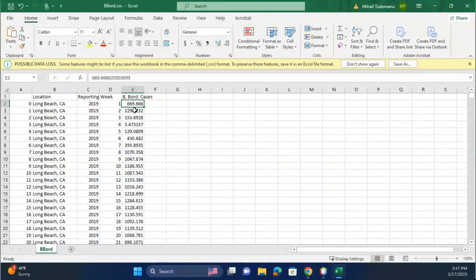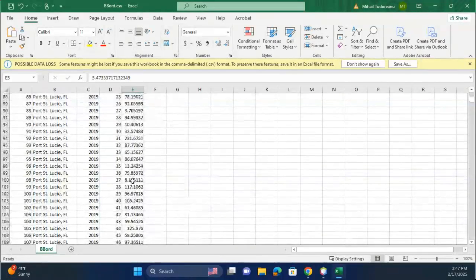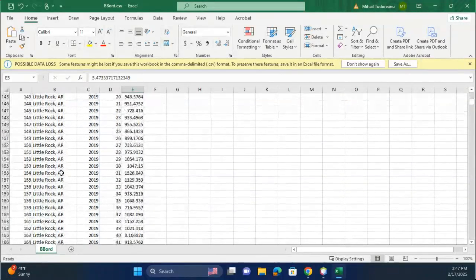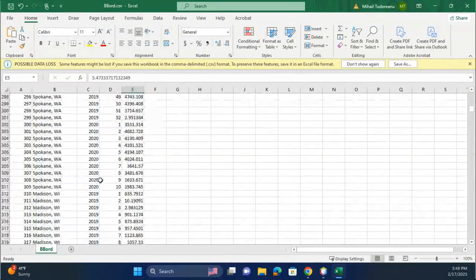And then these are the cases, how you want to look at them, for this week and for different cities. So it keeps on going this way. But they all should have the weeks of full 2019, and only the first 10 weeks of 2020 in there.